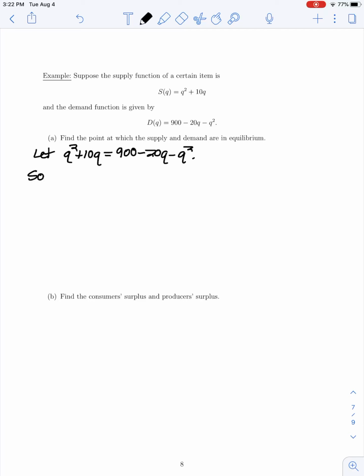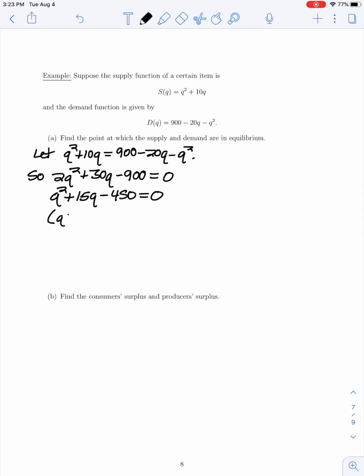And so to solve for Q, if we move everything to one side of our equation, let's say the left-hand side, we would have 2Q squared plus 30Q minus 900 is 0. And then I can divide this equation through by 2. I have Q squared plus 15Q minus 450 is equal to 0.